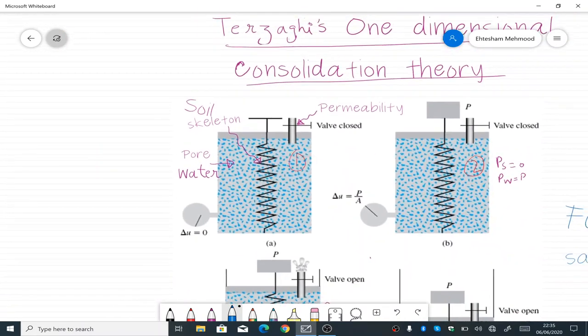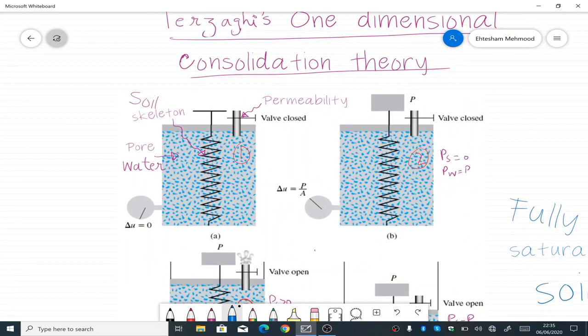It will allow water to pass through it or not. What we will do first: you see here the pressure gauge, and it is telling us the pressure of the water inside the container, in other words the pore water pressure. Initially, when we apply a load P and do not allow the valve to let water pass through, meaning the permeability of the soil is 0, what will happen?